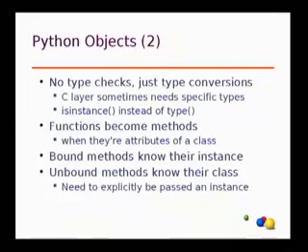It just means you can pretend to be whatever type you want, implement the right methods, and it'll just work. The C layer sometimes needs specific types. If you want to multiply a string by an integer, it needs to actually have a string and an integer, or there won't be any multiplication in C. So the C layer has conversions. When it wants an integer, there are special methods that say, I need an integer at this argument.